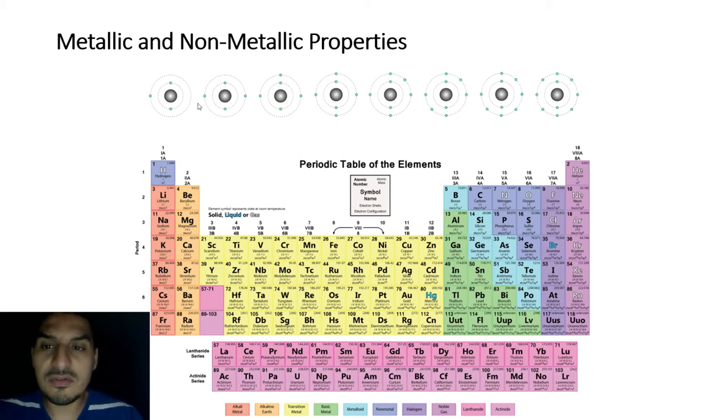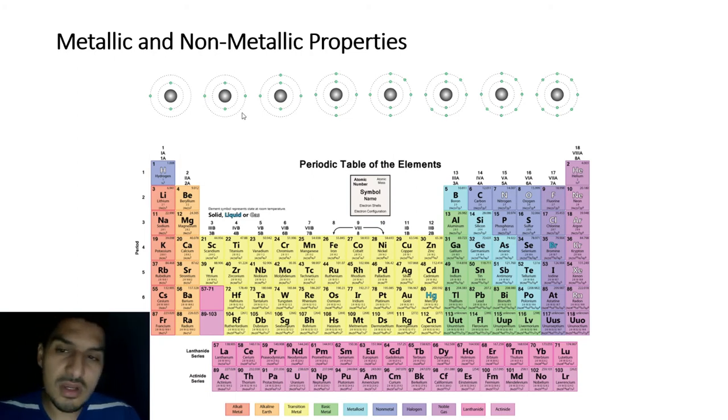And this reflects on the behavior of the elements. You'd see that they want to become stable and get rid of this electron. That's why they go into reactions quickly to form the ion that is more stable than its current state.